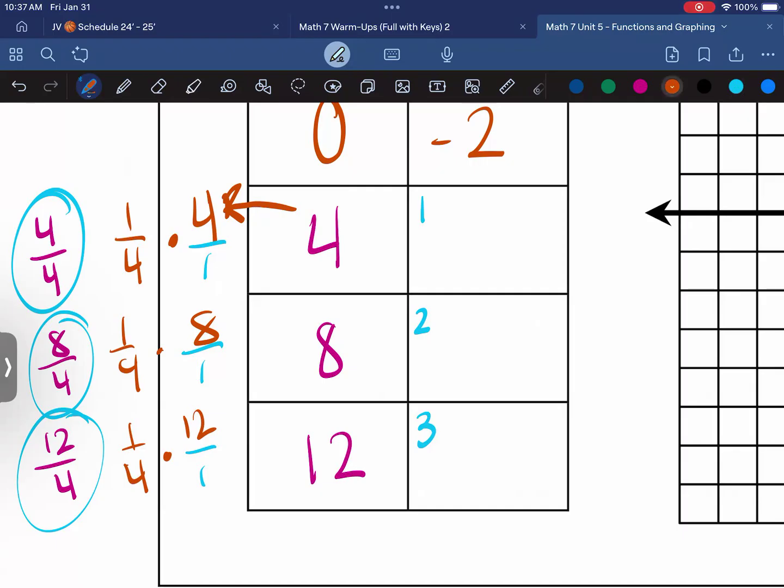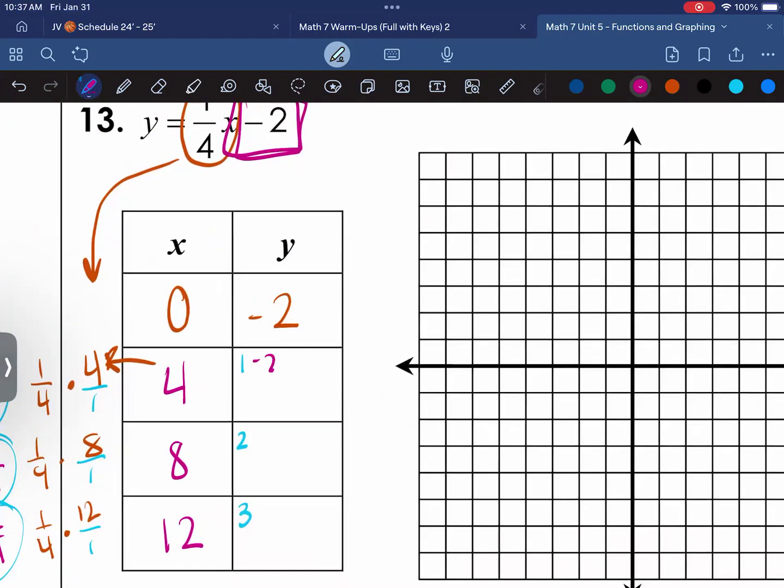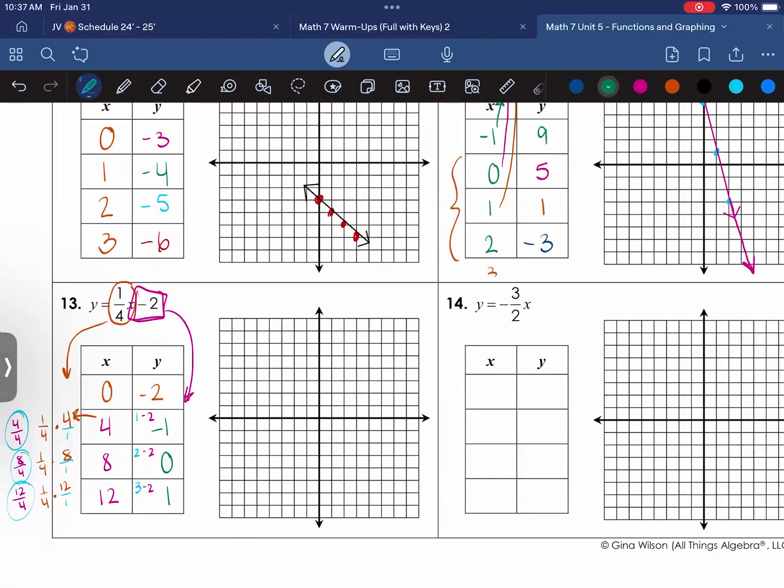All right, now I do have to do the rest of the problem, which was to subtract 2. So I have to do 1 minus 2, 2 minus 2, 3 minus 2, right? Don't forget about the rest of the equation. So my y value here is -1, 0, and 1. Okay, now you could go ahead and plot these points.